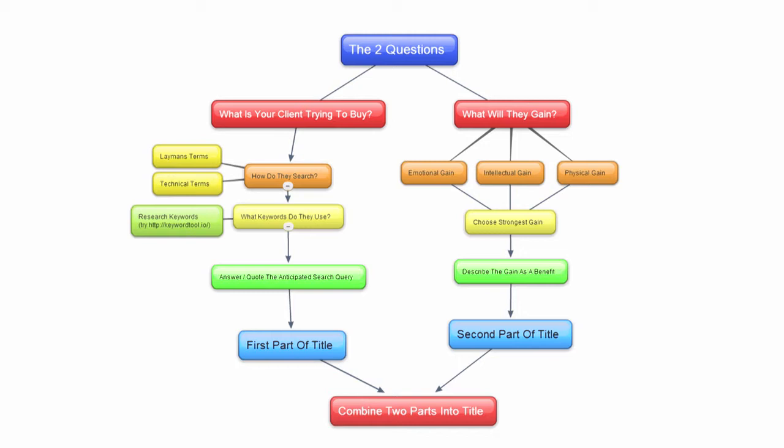So then you're going to think, what is your client trying to buy? And you've got to think about who your client is. So this goes back to everything we've been teaching throughout the course, identifying your niche client, bringing those skills here, and then deciding for the SEO value, are we going to target layman terms SEO, or are we going to target technical terms SEO?